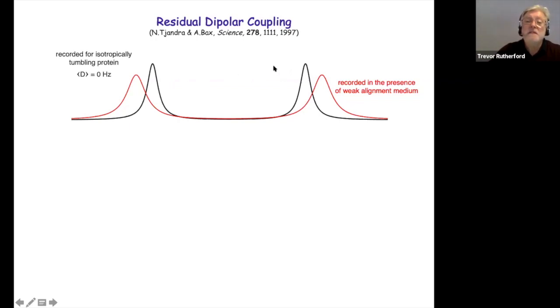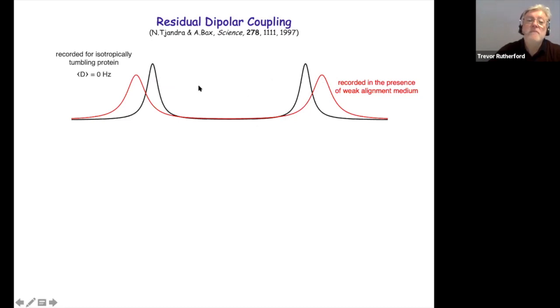Now what we can do is take the same proton and put it in the presence of a weak alignment medium. This is a medium that has collimated structure inside the solvent, and what it gives us is non-uniform averaging of the orientation of the protein. And now we have a residual dipolar coupling.